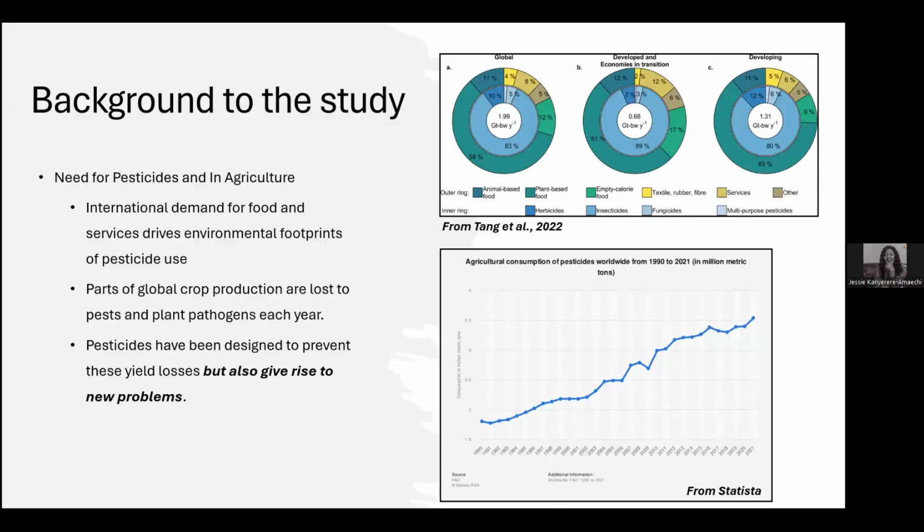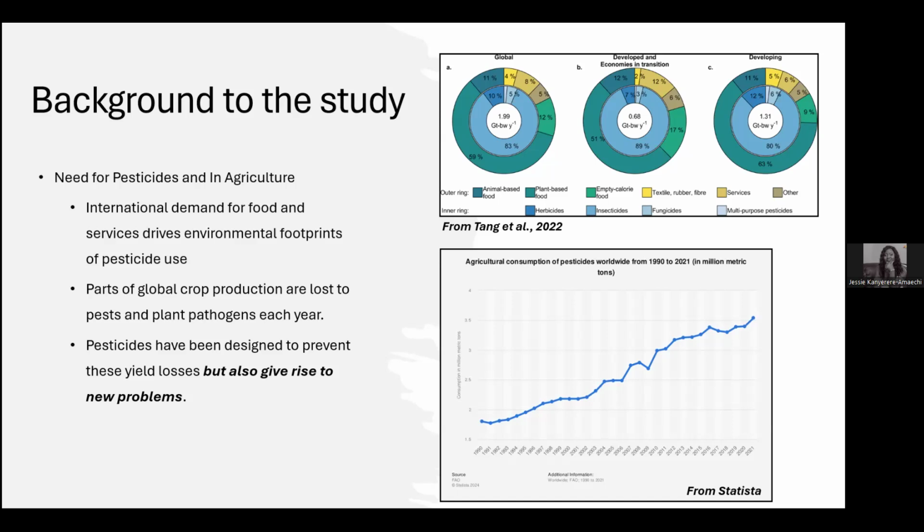Worldwide, we all know that we need pesticides, most especially in agriculture. International demand for food and services drives environmental footprints for the use of pesticides. Pesticides have been designed to prevent these yield losses, but they have also given rise to a new problem.